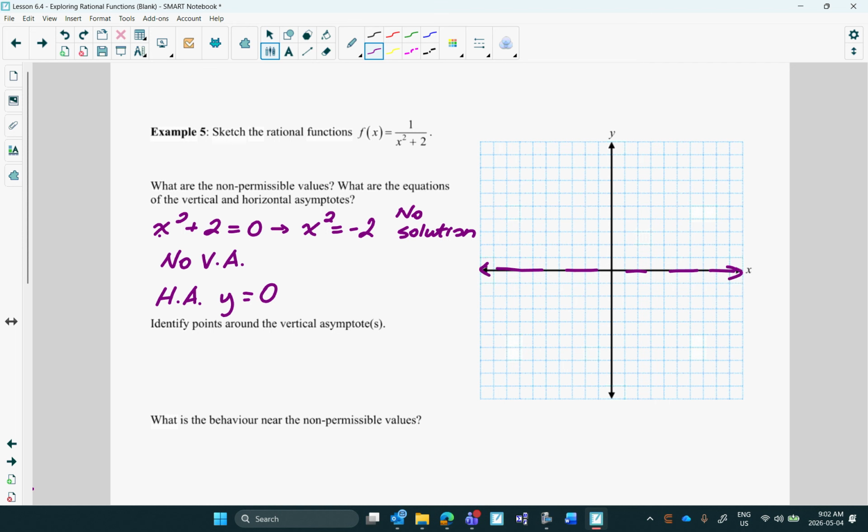So here's what I would suggest you do. Because there's no vertical asymptote, let's see what happens around the middle.